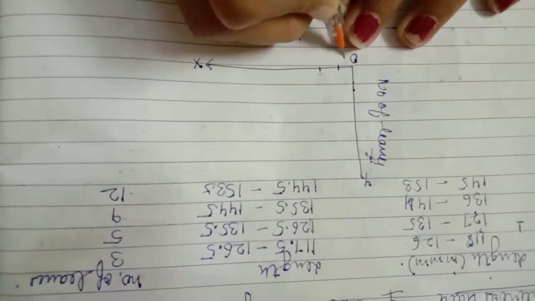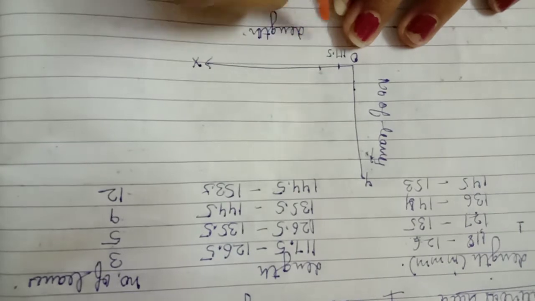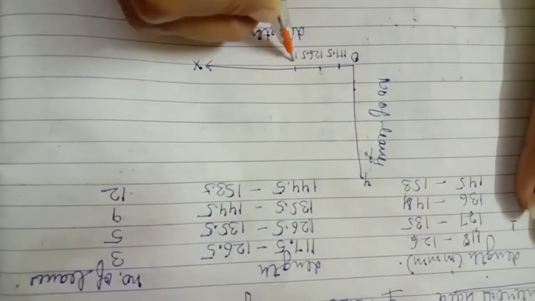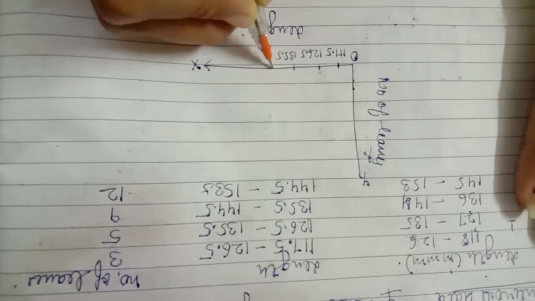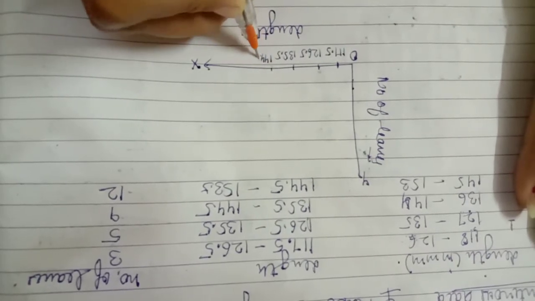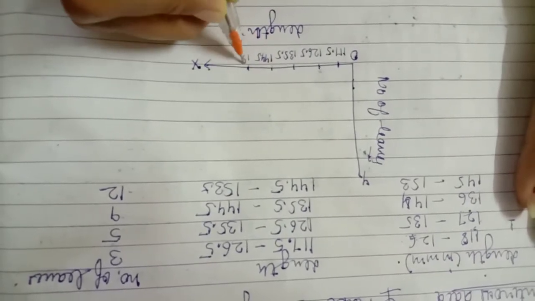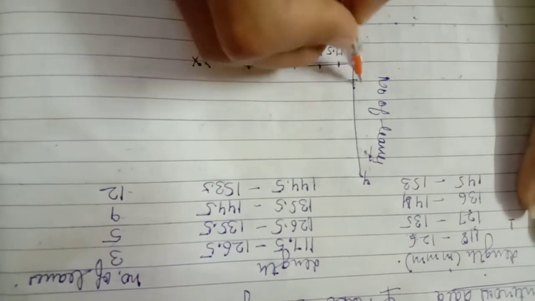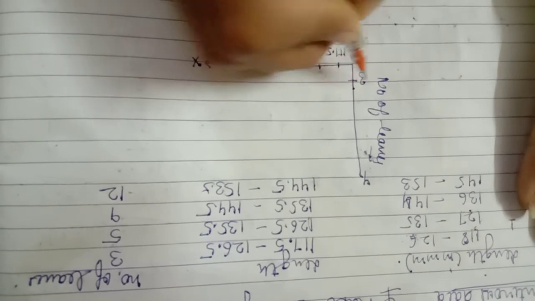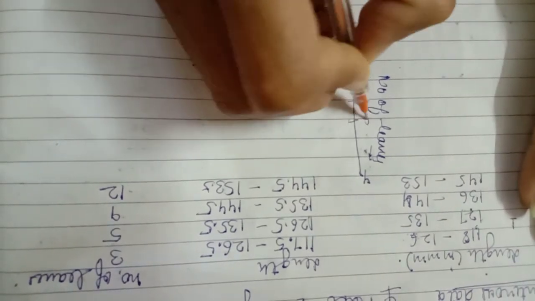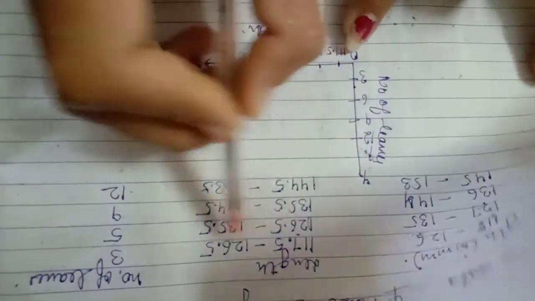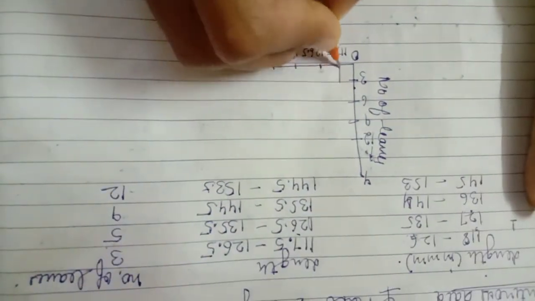This is 117.5, 126.5, next is 135.5, 144.5, 153.5, and here we write, suppose, 3, 6, 9, 12. Okay, first one 3, it means this is a bar.